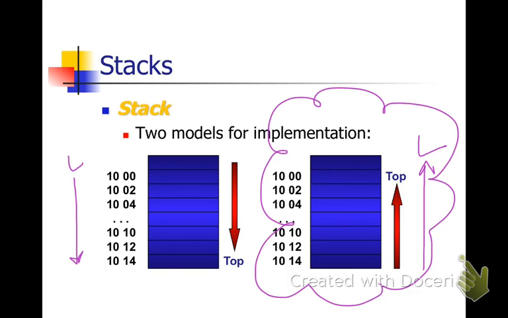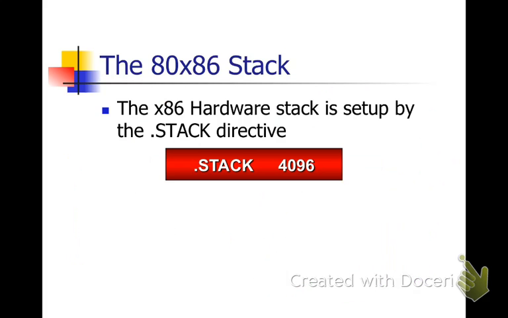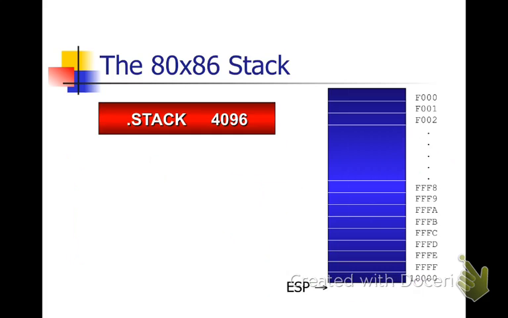Remember when we were dealing with all assembly language programs, we had the stack directive, and the stack directive was our way of allocating 4,096 bytes, in this case, to a runtime stack. But how does this work? Well, let's take a look at it.